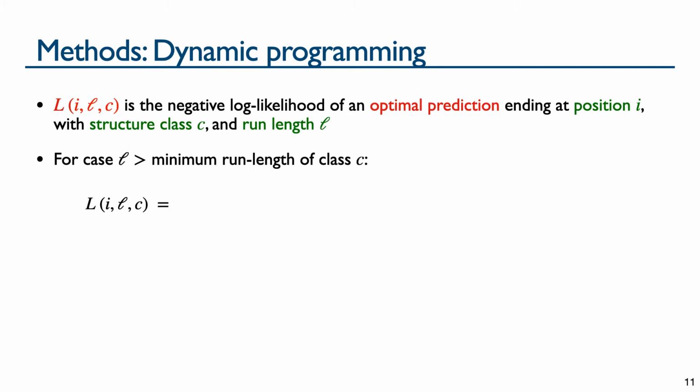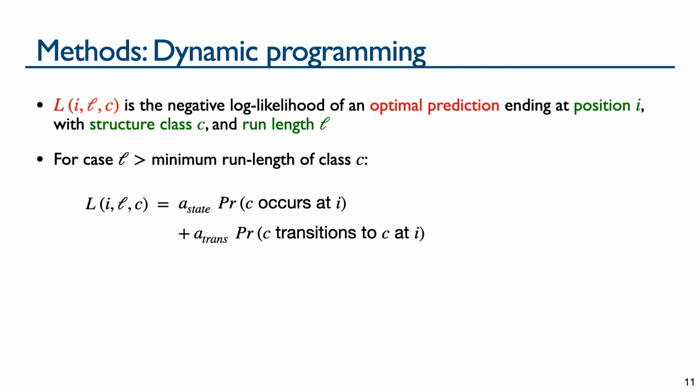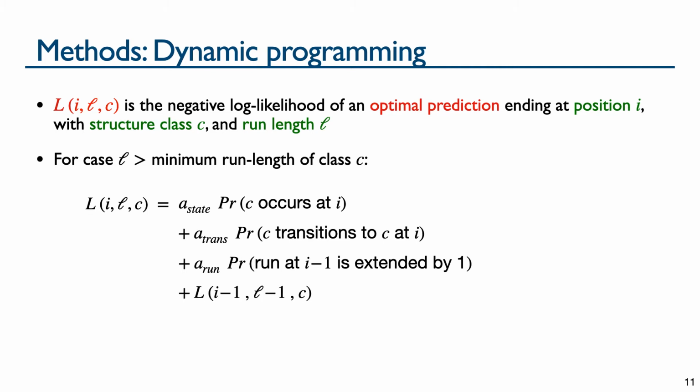L of I, L, C is equal to a coefficient multiplied by the probability that structure class C occurs at position I, plus a transition coefficient multiplied by the probability that structure class C transitions to C at position I, or here, where no transition takes place, plus a run length coefficient multiplied by the probability that the run of structure class C is extended by 1 at position I, plus the quantity L of I-1, L-1, C, or the negative log likelihood of an optimal prediction ending at the previous position, a run length 1 smaller, and with the same structure class C.